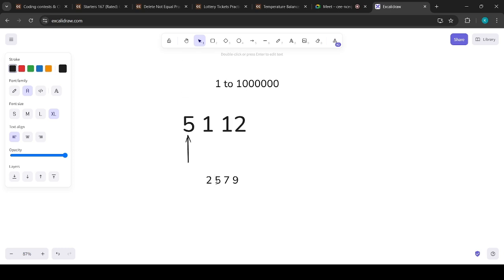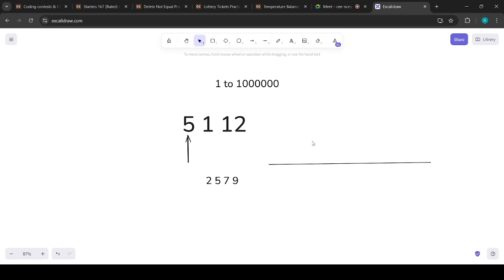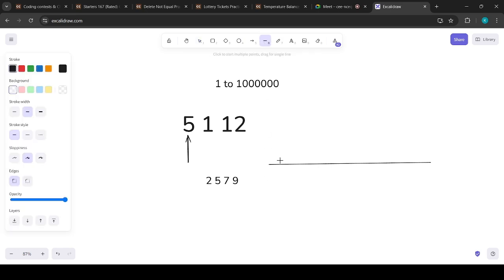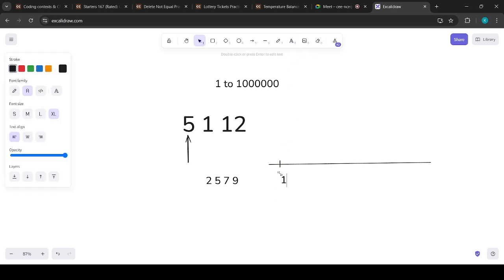So if we consider a number line of the x axis, let's take this as 1, 2, 3, 4, 5, 6, 7, 9.